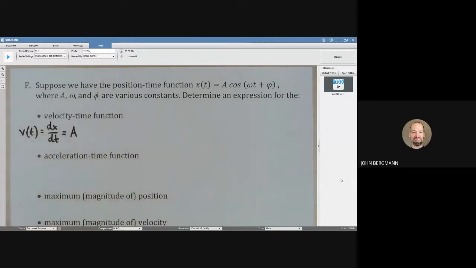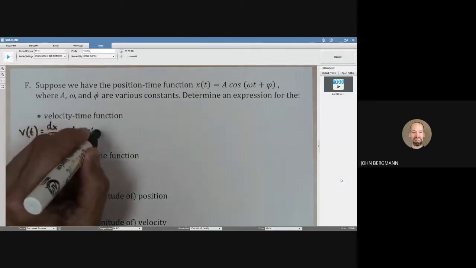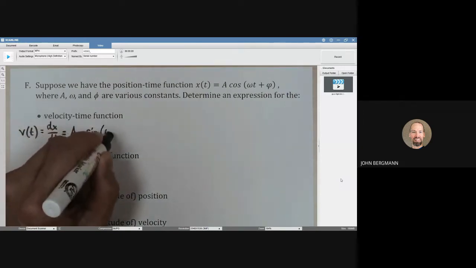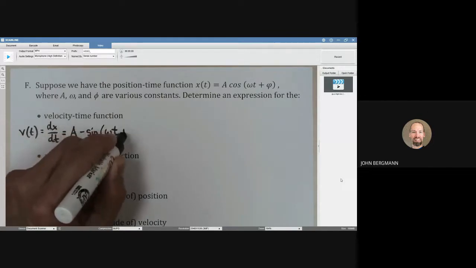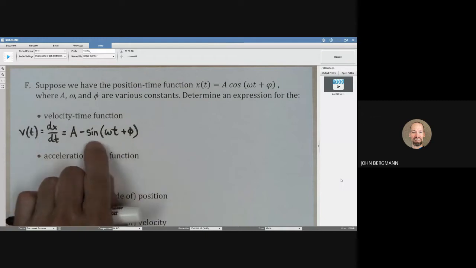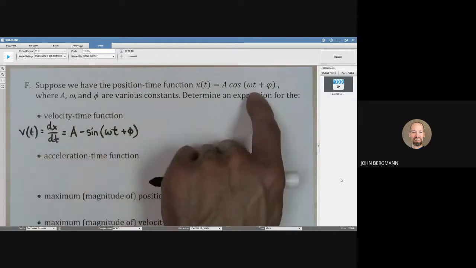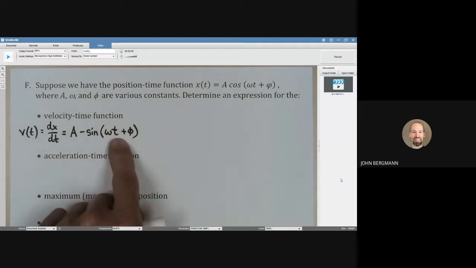Now, we mentioned that the derivative of cosine is the opposite sine of the thing, whatever it is. Derivative of the cosine of something is the opposite sine of that thing. So we just rewrite that. And then we said, whenever you differentiate, you have to multiply by the derivative with respect to time of whatever's inside here.